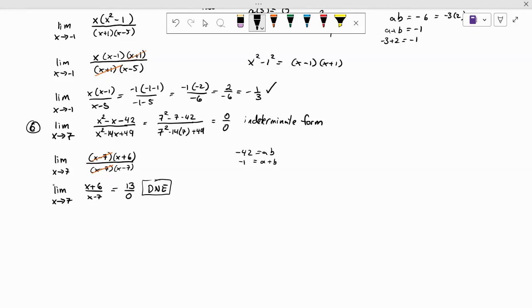So again, 0 over 0 is indeterminate; for polynomials, try factoring, and the 0 cancels. Next we want to talk about square roots in your problem. This has to do with conjugates.